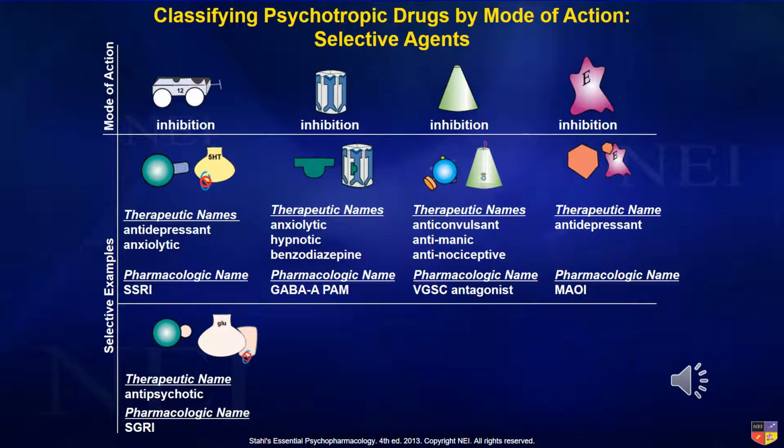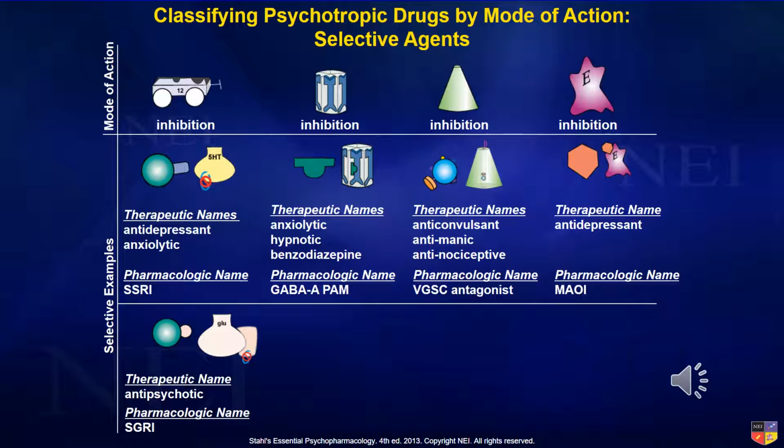And then the conical inhibitors of ion channels, those are primarily our anticonvulsants, also known as antimanic, and some of them are also anti-nociceptive, which just means they are pain-controlling medications such as pregabalin or Lyrica, and their pharmacological name is VGSC, voltage-gated sodium channel, and there are also voltage-gated calcium channels.